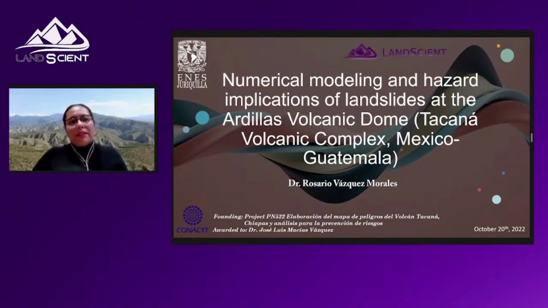And this is just one of several hazard maps that we have been preparing for the Tacaná Volcanic Complex. And I'm going to talk to you today about the map that we integrated for small volume landslides. And this is work with many collaborators, and I'm representing those other colleagues.